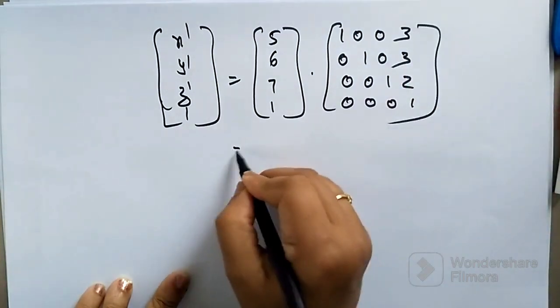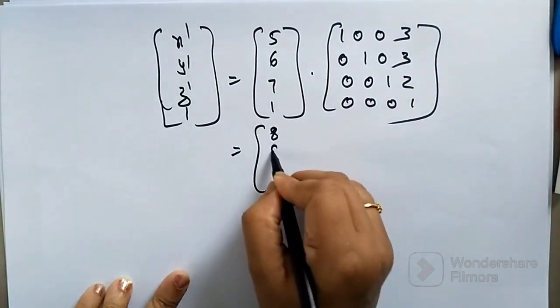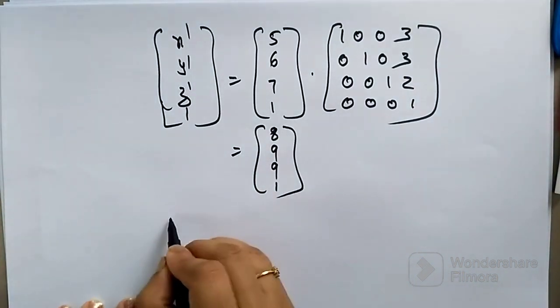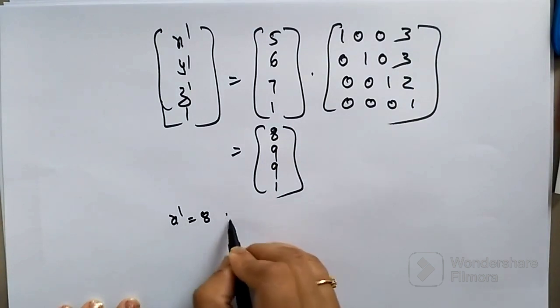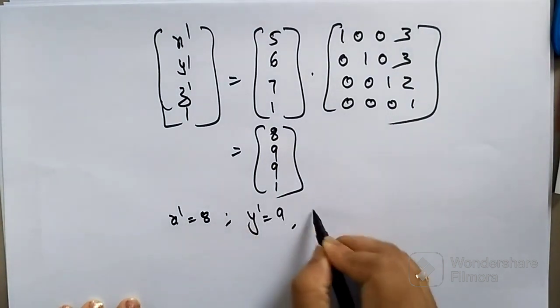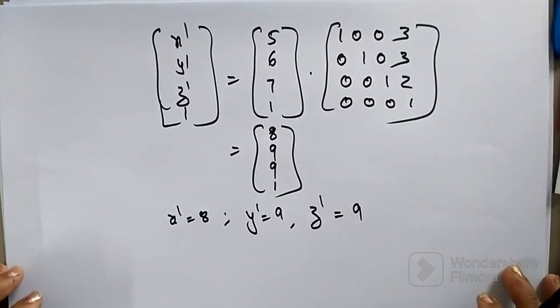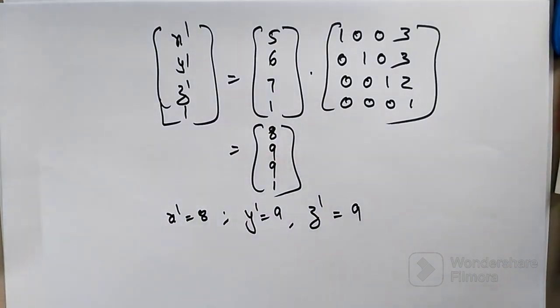So the new coordinates are 8, 9, 9, 1. Now x dash is equal to 8, y dash is equal to 9, z dash is equal to 9. So these are the new coordinates. This is how it has to be calculated.